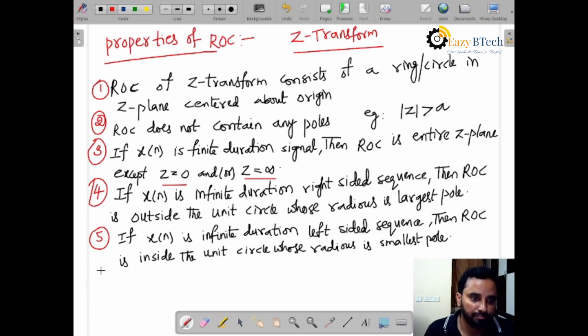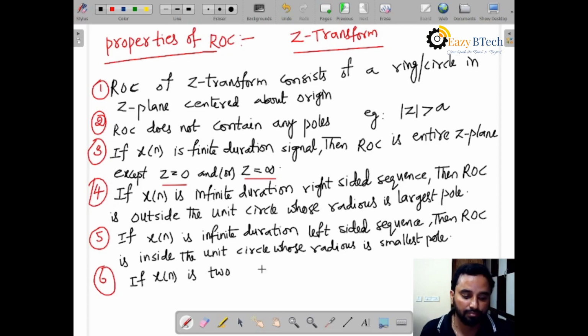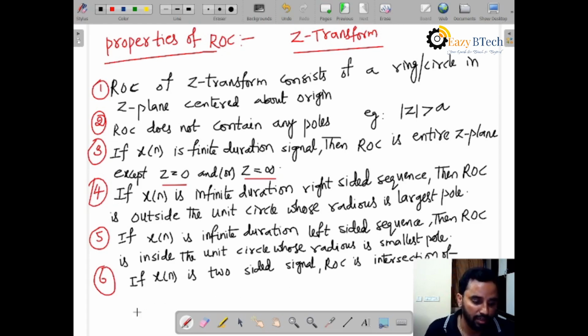Now sixth point, two-sided signal. If x of n is a two-sided signal, then ROC is the intersection or common region of the largest and smallest pole radius.